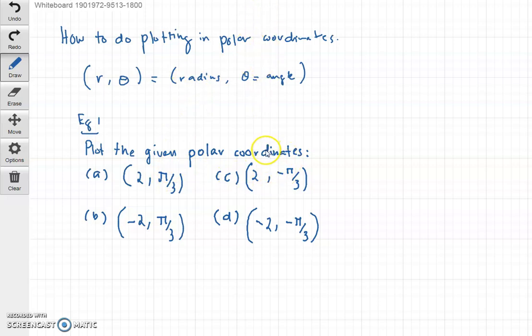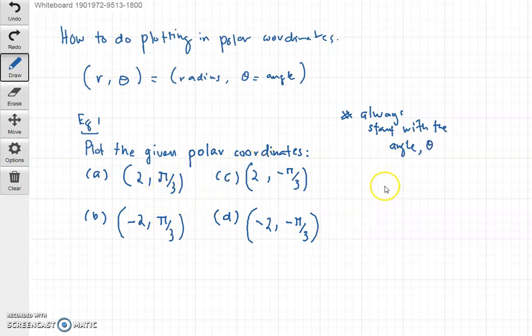So in order for you to determine the location of the point, the first thing that you need to do is to look into the angle. I put a note here: in order for you to do the plotting, always start with the angle, which is theta.